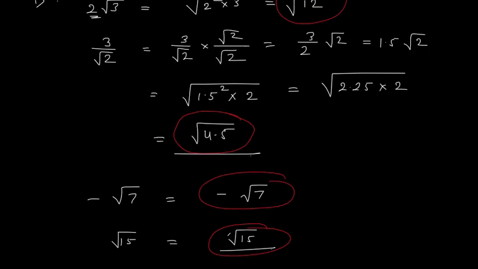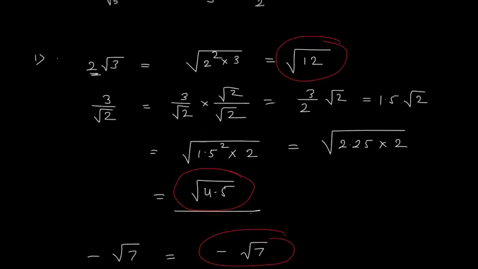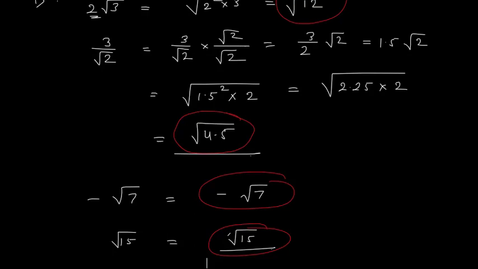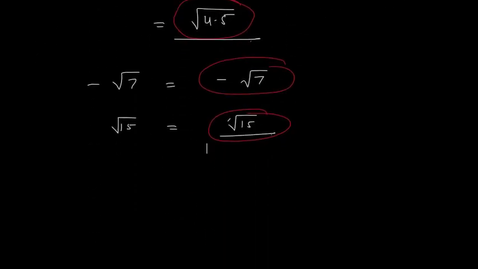Now negative number is the smallest number, right? Negative number. So minus of root 7 is the smallest. Then we have root 4.5. Then we have root 12 and then we have root 15. So here we can say that minus root 7 is smaller than root 4.5 is smaller than root 12 is smaller than root 15.